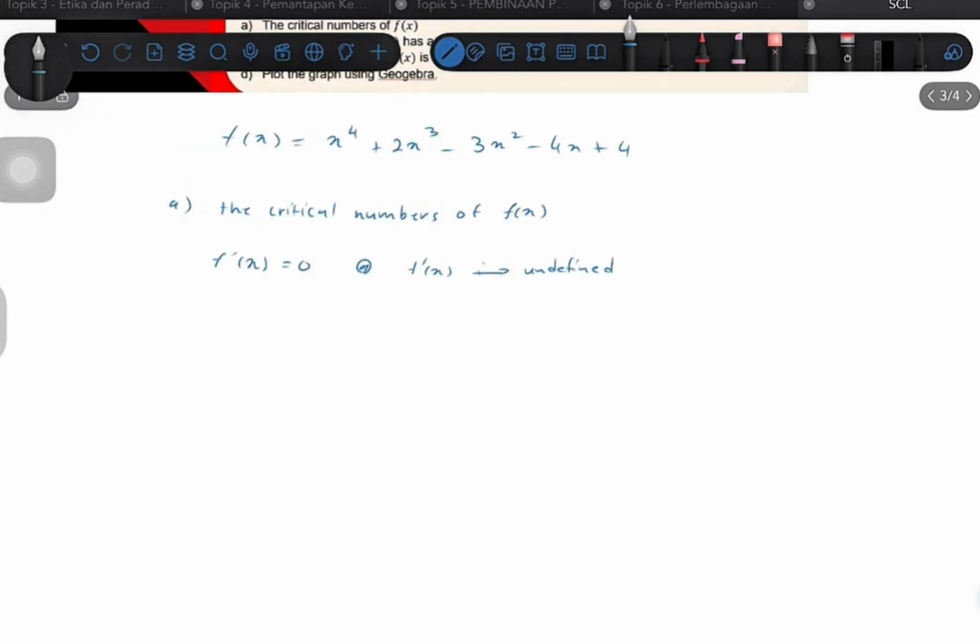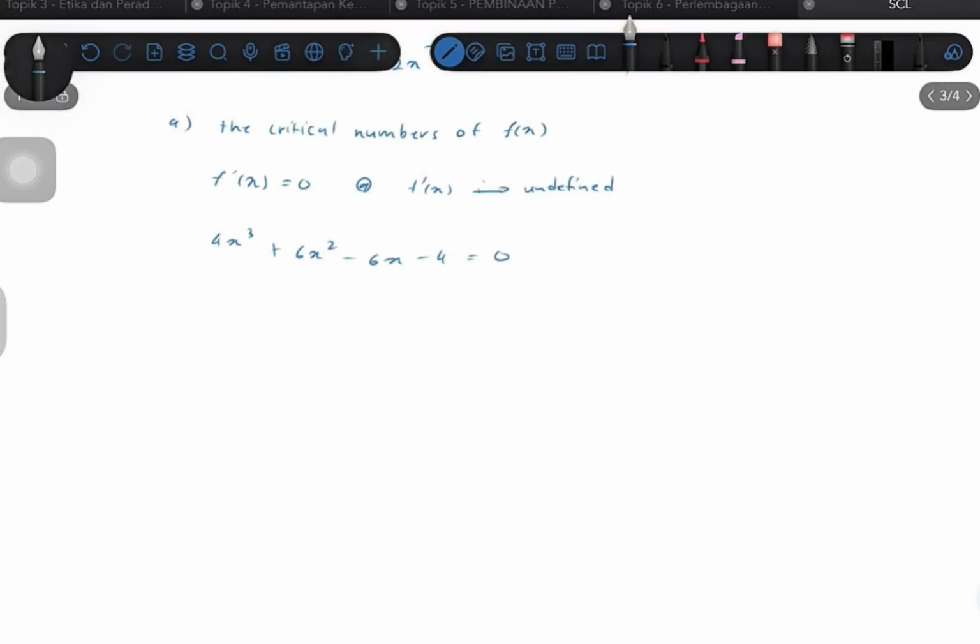For question A, we know the polynomial is defined for any number, so we use f prime x equals 0. We differentiate the equation and get 4x cubed plus 6x squared minus 6x minus 4 equals 0.